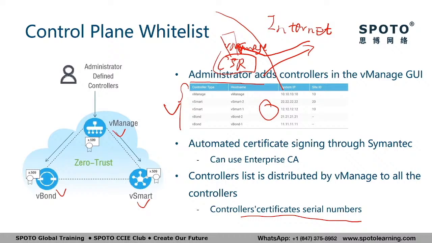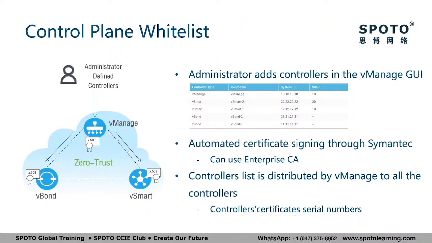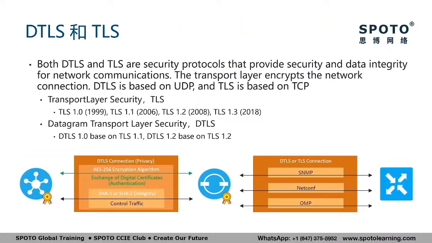So they know each other once it's in the whitelist. The information will be distributed by vManage to all other controllers. The communication for controller list distribution and synchronization are all encrypted.